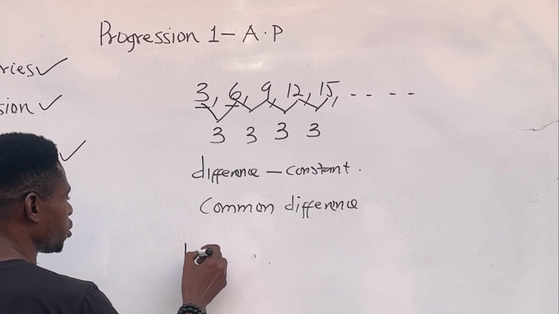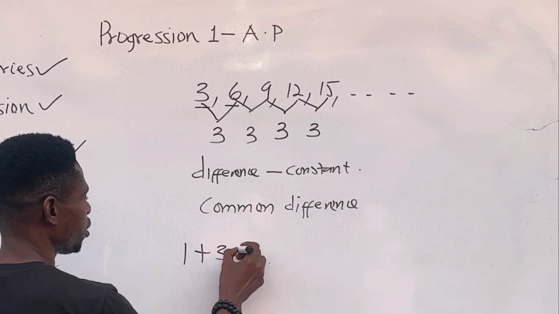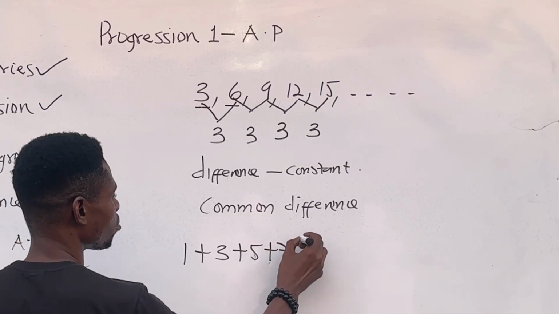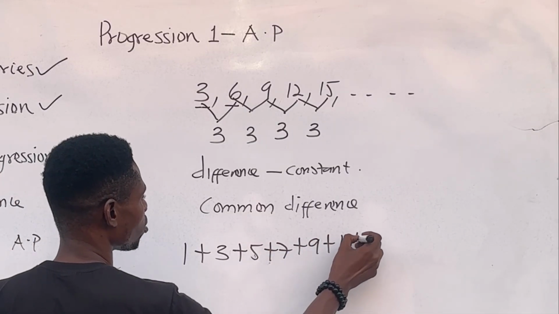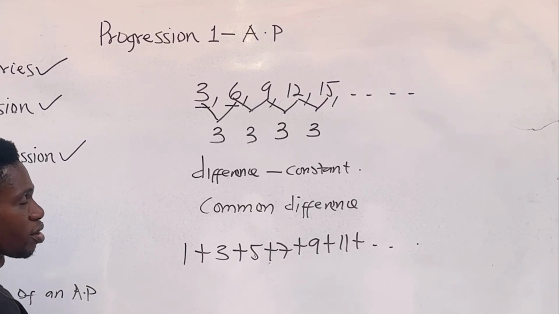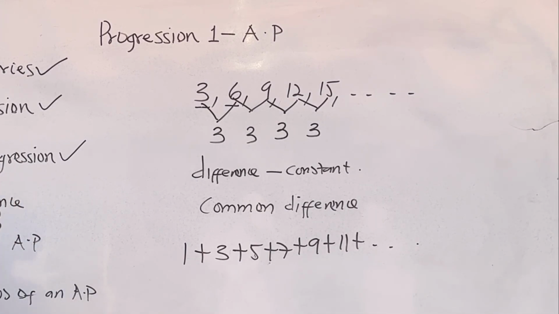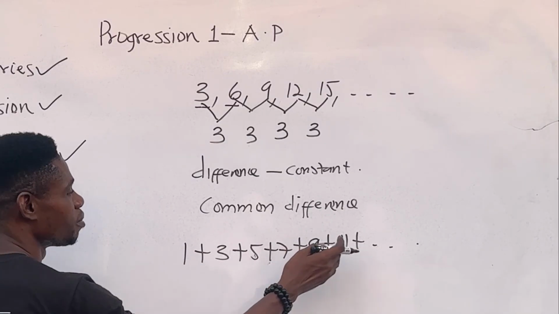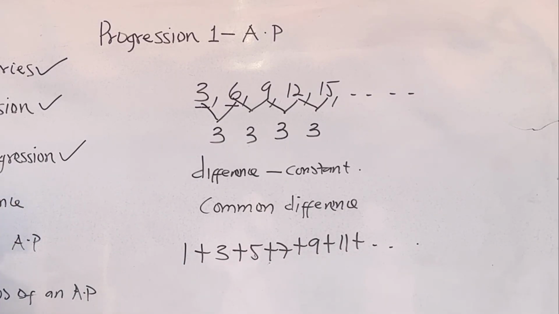Let's say 1 plus 3 plus 5 plus 7 plus 9 plus 11 plus ... Now, is this an AP or a GP? Or is it an arithmetic progression? Let's leave the other types. Is this an arithmetic progression? How do we know? We'll just check.